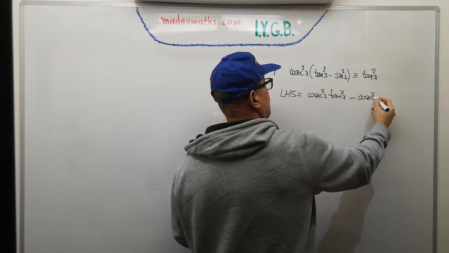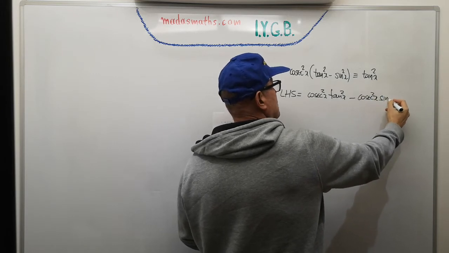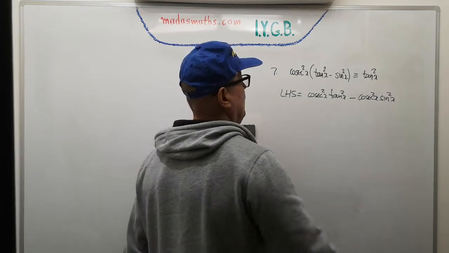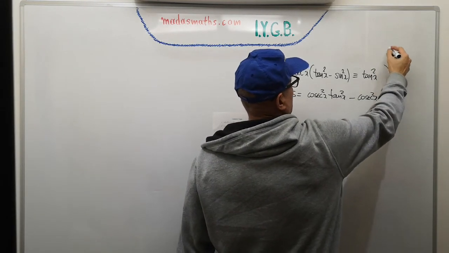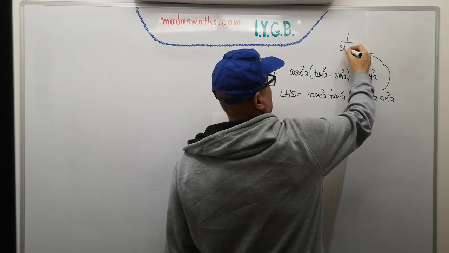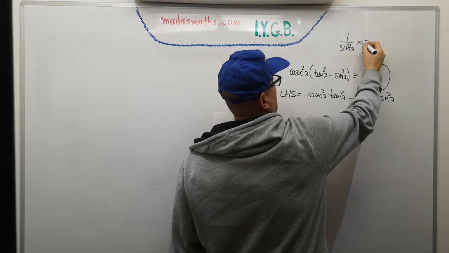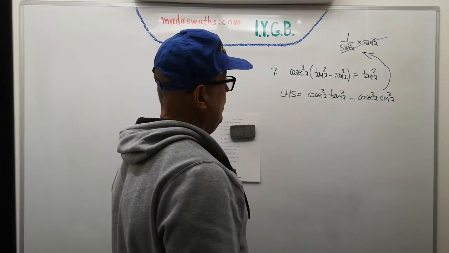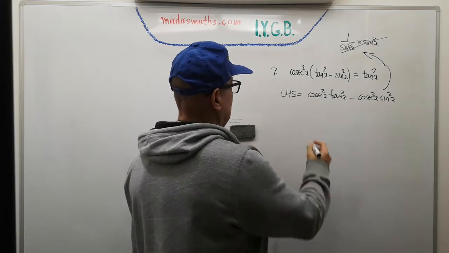This is my cosec squared of x times the sine squared of x. Why is it special? It's because this is 1. This is 1 because, of course, a cosec is 1 over sine squared times the sine squared, gone.